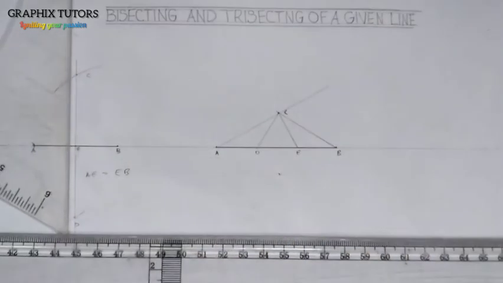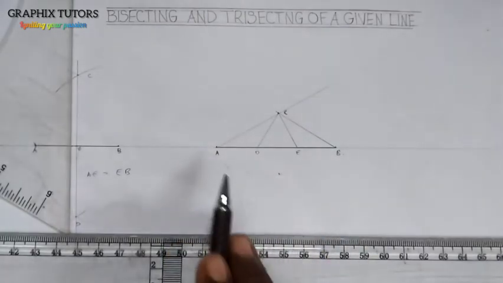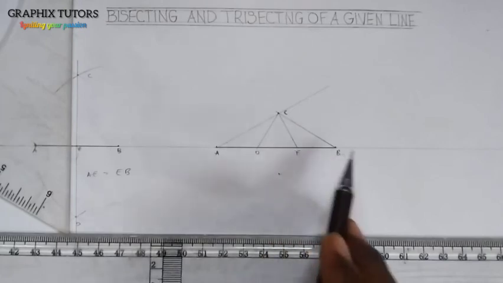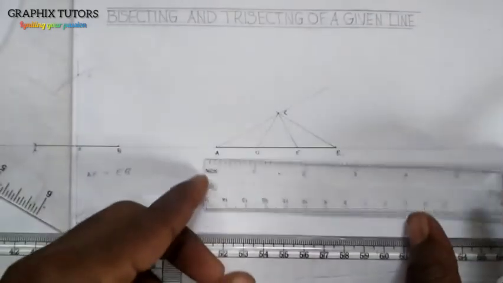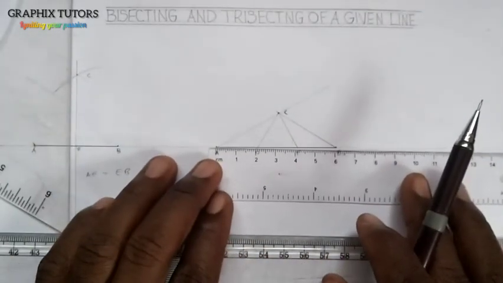If I'm very correct, the length of the line AB is 60, so my AD will be equal to DE, which will be equal to EB. So let's check that. From A to D, what do you notice?